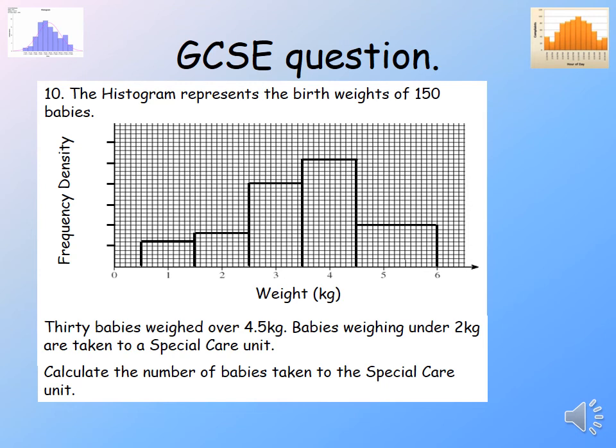Okay, 5 seconds. Okay, so let's look at the answer. So we are given this information: 30 babies weigh over 4.5. 30 babies weigh over this number.